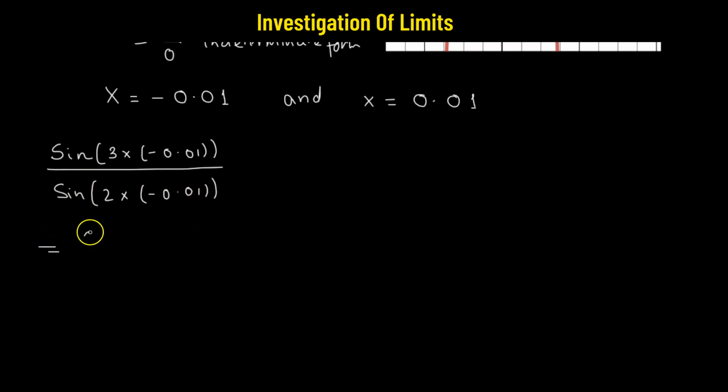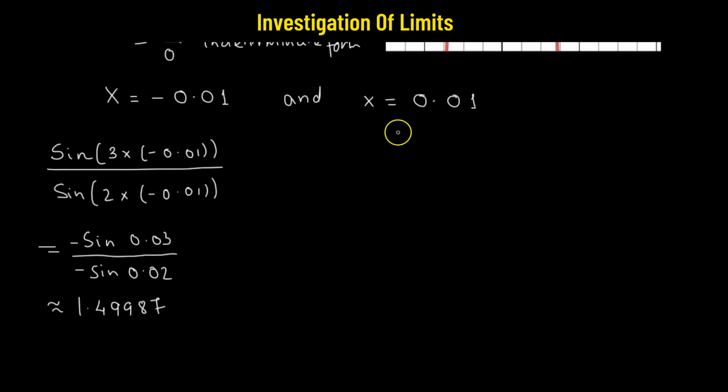This will be negative sine 0.03 divided by negative sine 0.02. Let's plug this into a calculator, and this should give us 1.49987.